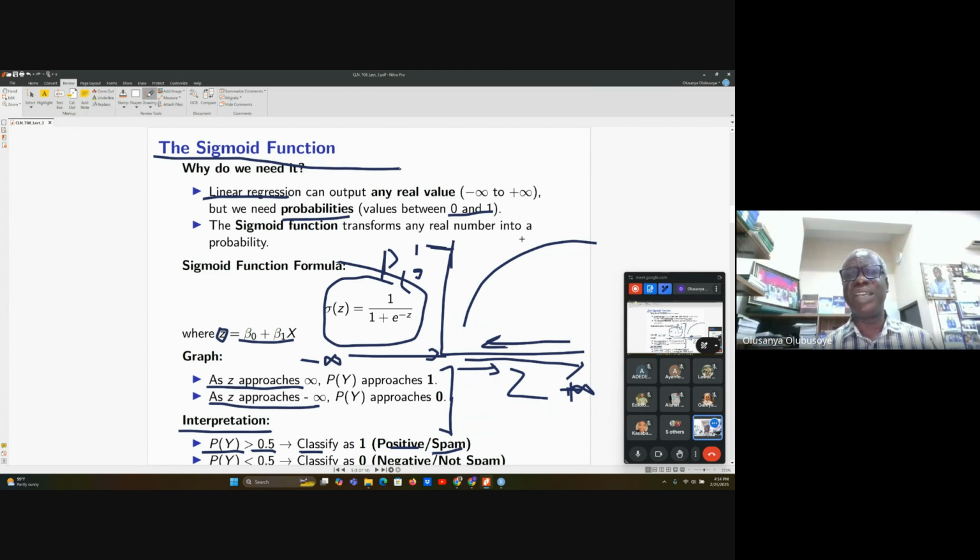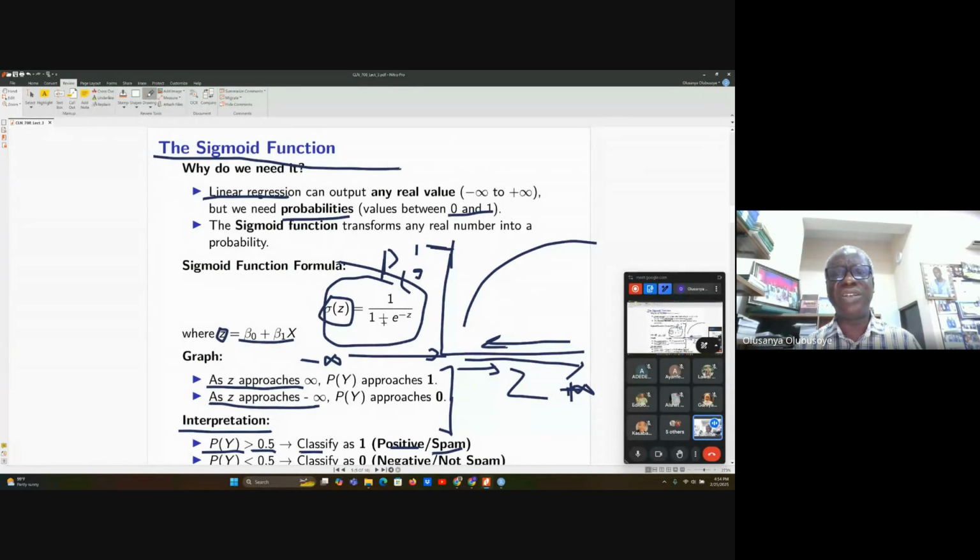It's never going to be exactly 1 in real life, and it's also not likely to be exactly 0 in real life. So we then use the probability.